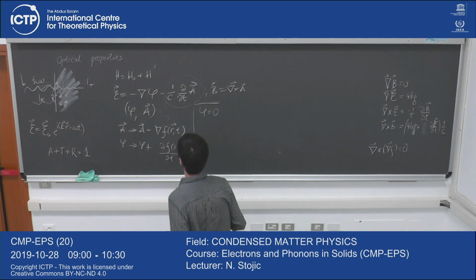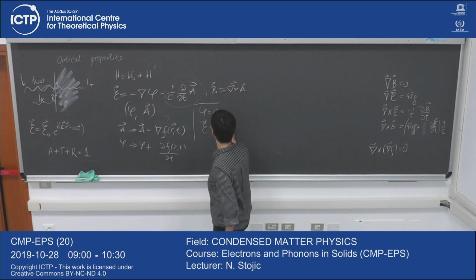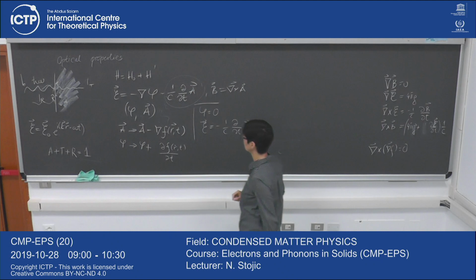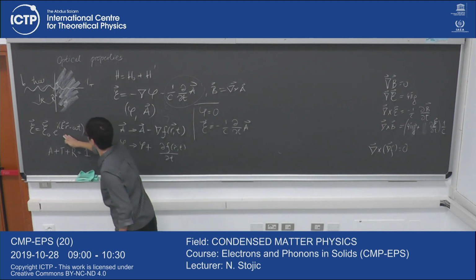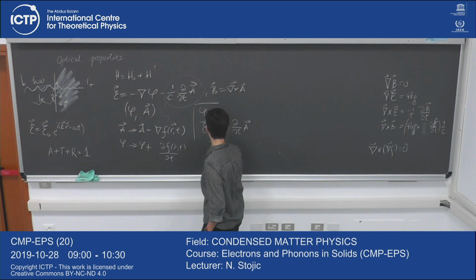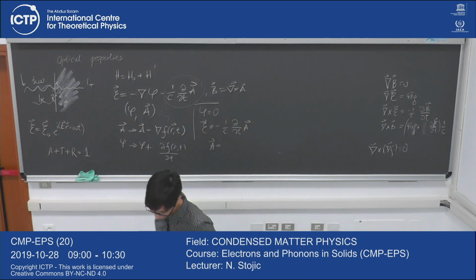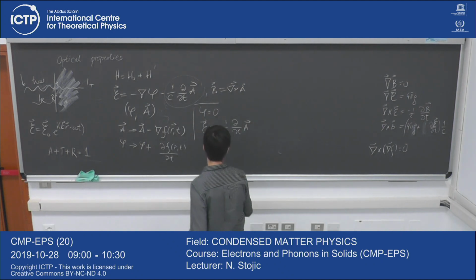So we can derive the electric field as minus 1 over c, d over dt of A. And from there, since I know the electric field is equal to this, I can also write the dependence of A in full.